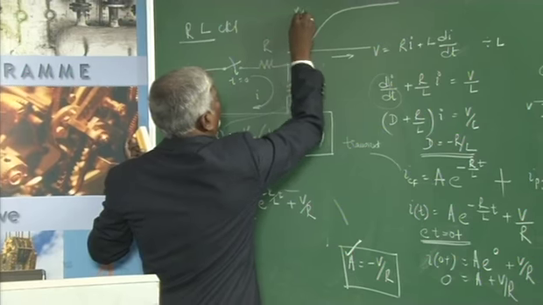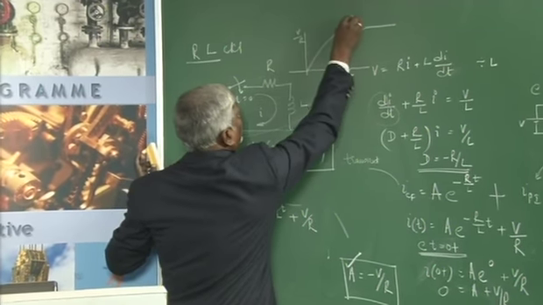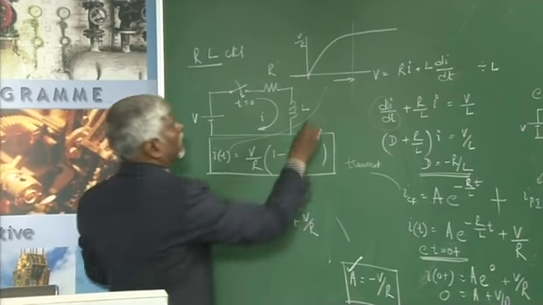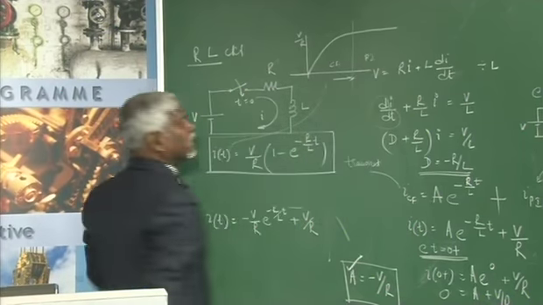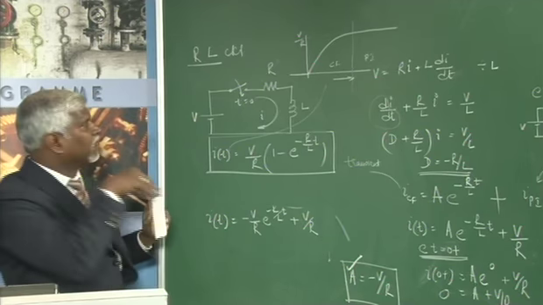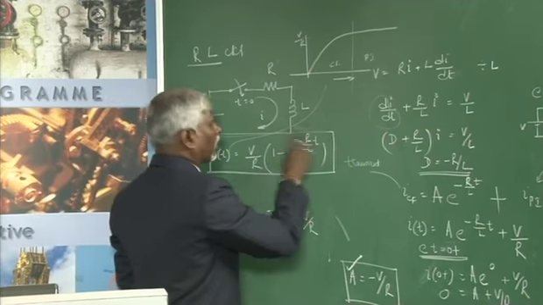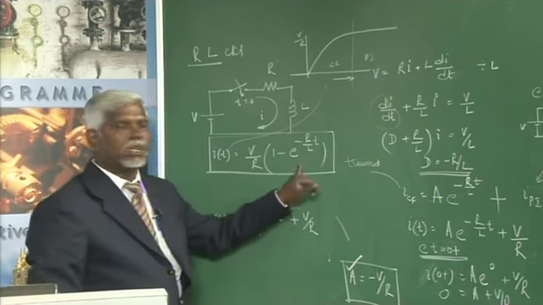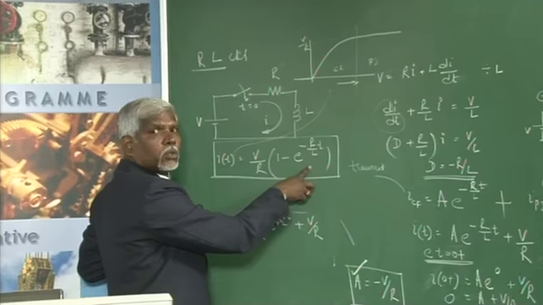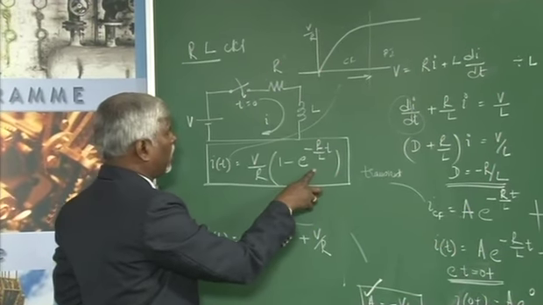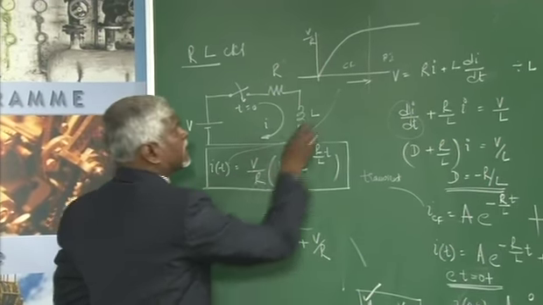This is V by R, this is t, so it has got two parts. This is your complementary function, this is your particular integral, your steady state value of your current. If you just substitute t equal to 0 here, this term will become 1, e to the power of 0 is 1, 1 minus 1 is 0, so I at t equal to 0 means it starts here.